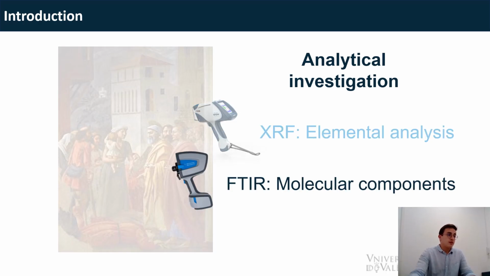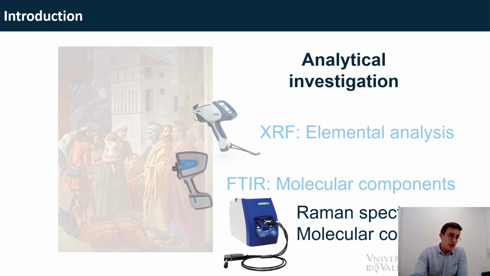Then there are also organic components, which we can address, for example, through infrared spectroscopy. In that regard, there are portable near-infrared spectrometers that can give us information about the vibrational elements of the molecular components.